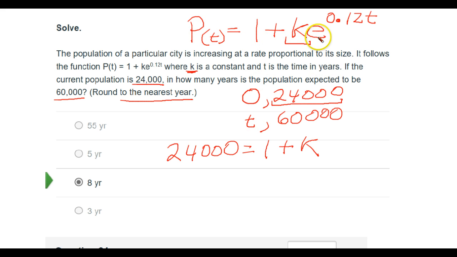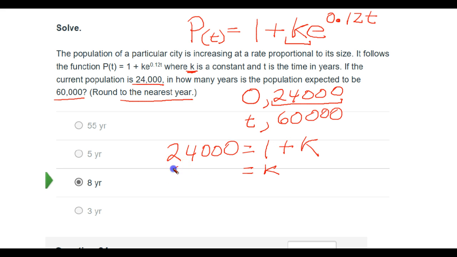Now the e that we're going to raise to this power, we have a value for t there. Our value for t is going to be 0. So this times 0 is 0, and e to the 0 power is 1. So we could write a 1 here for the e, or just leave it this way, because now we're going to solve for k. Well, that's pretty easy.